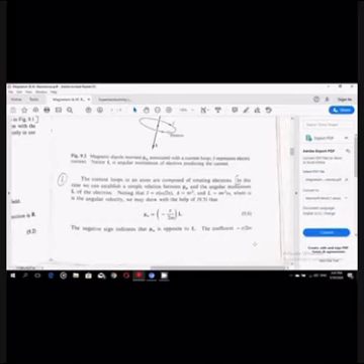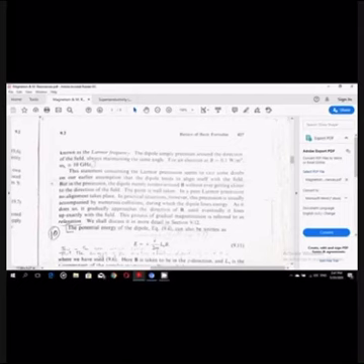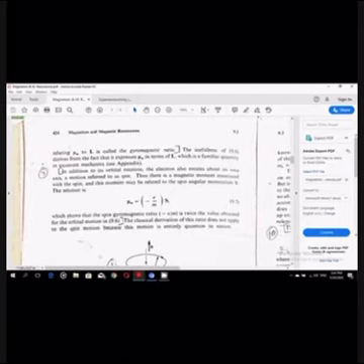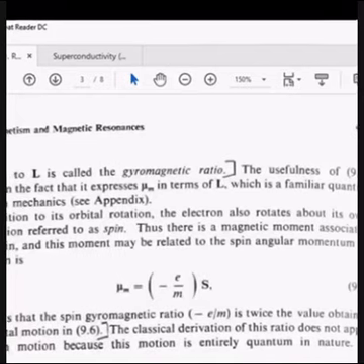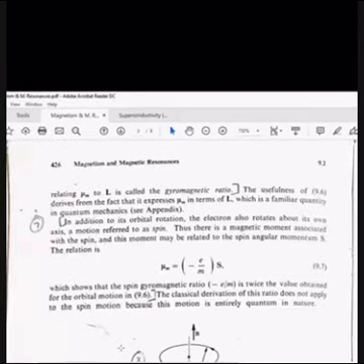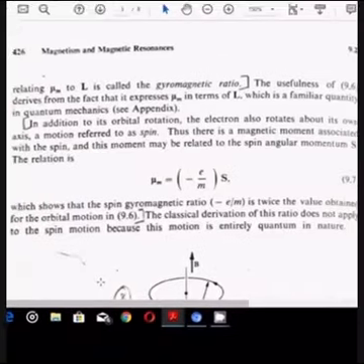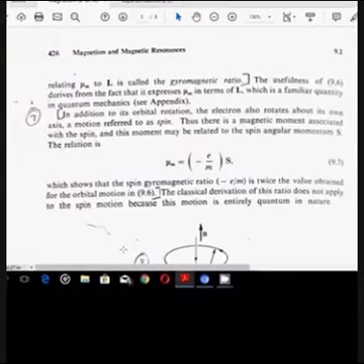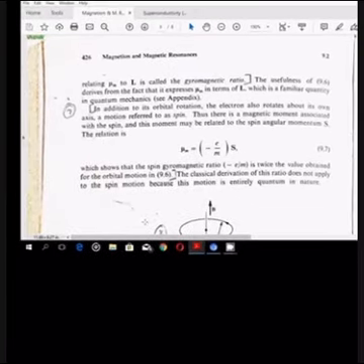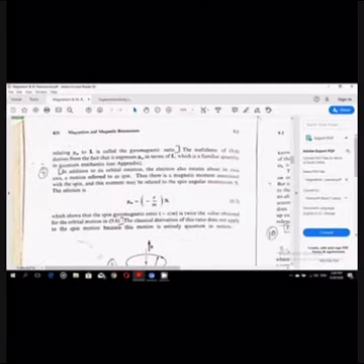And this coefficient, minus e over 2m, is called the gyromagnetic ratio. So the gyromagnetic ratio is defined in this equation, and it is equal to minus e over 2m for the revolutionary motion of electrons moving around the nucleus.